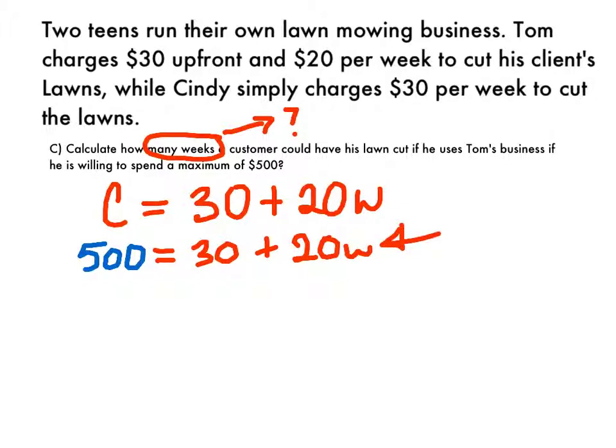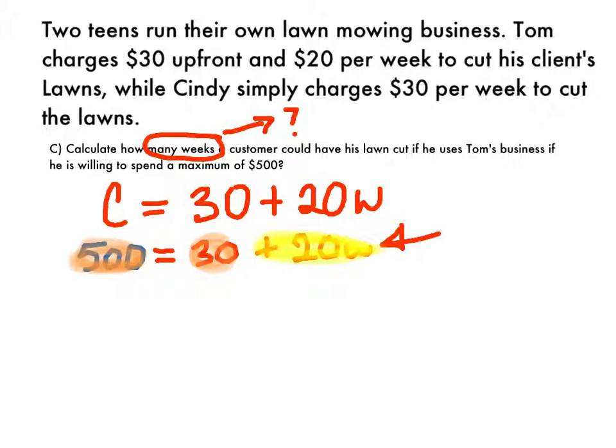Alright, in order to do that, we follow the same opposite operation rules. Since we want to get our W terms by themselves, and our number terms by themselves, we could go ahead and use the highlighter. We see in yellow, there's our W terms, and in orange, we have our number terms, or our constant terms.